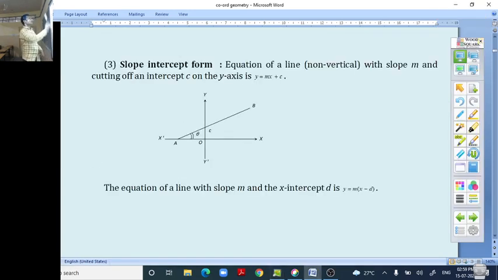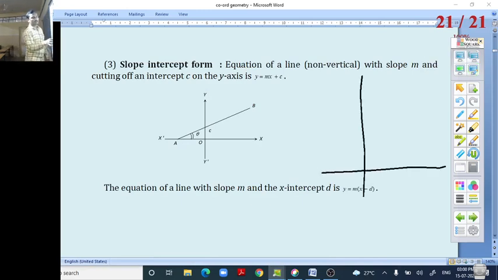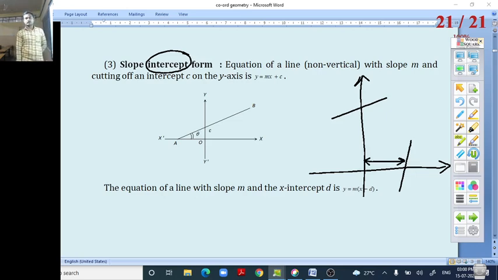Next one is the slope-intercept form. Always remember that if there are coordinate axes, x and y axes, what do we mean by intercept? If a line crosses the x-axis, what is the x-intercept? If a line crosses the y-axis, what is the y-intercept? The x-intercept indicates the distance of the line on the x-axis from the origin.